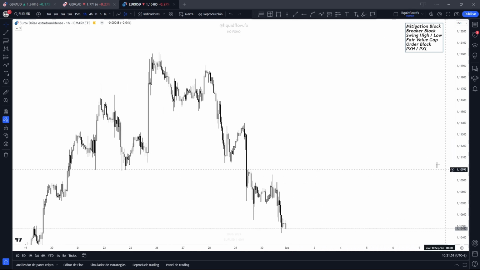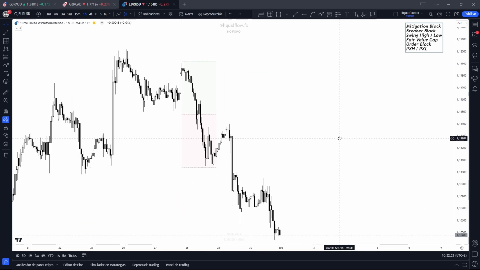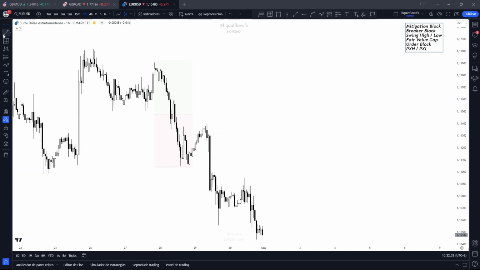Let's use this one. Okay, let's use this. What do we have? We have a premium area and a discount area. But in this case, as you can see, the market didn't retrace to the 50%. But we can see we're already below or in the medium.